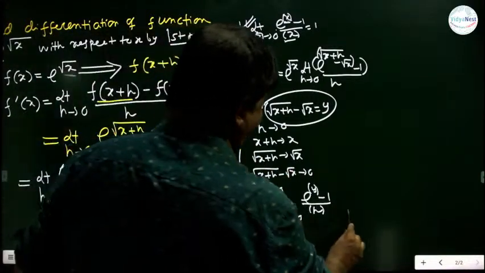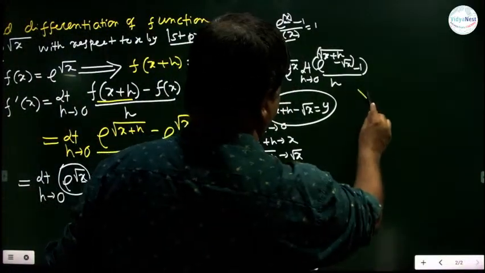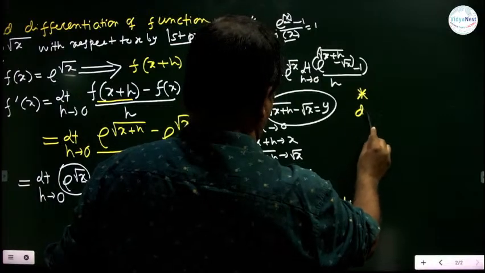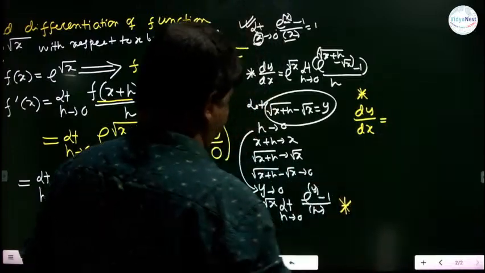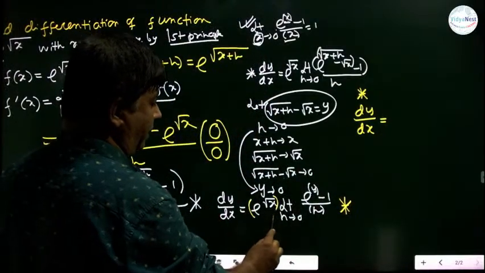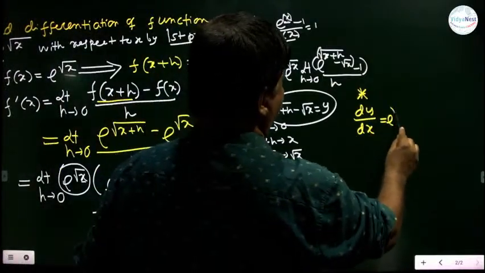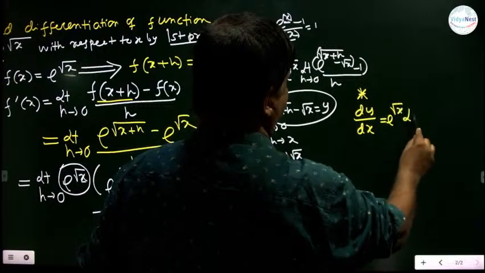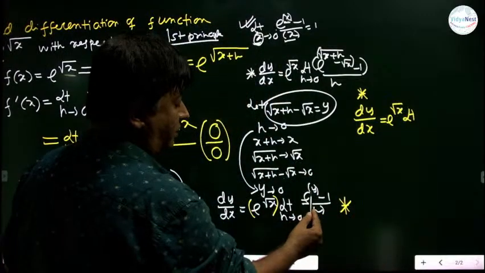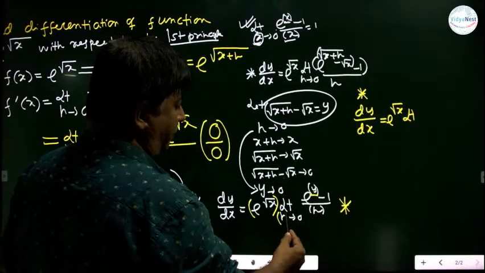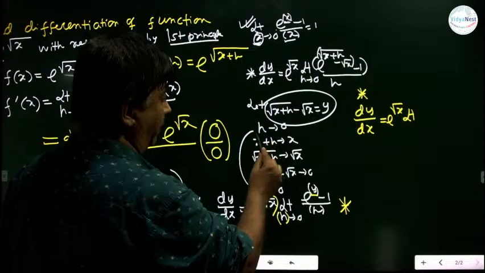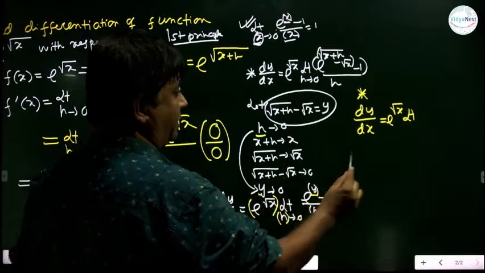See, after this step, d by dx is already taken out. E to the power root x, limit. Once you have brought variable y, then instead of h you have to write y tends to 0 because they are actually same.